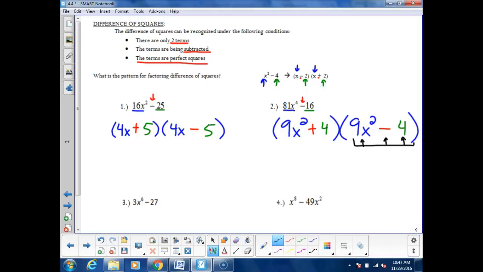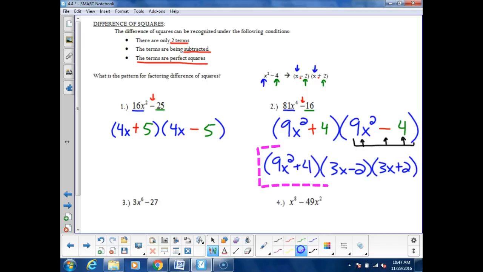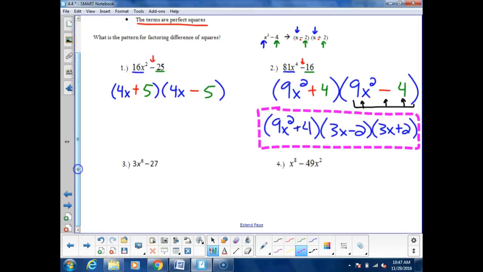So this becomes the 9x squared plus 4 comes along for the ride. 3x minus 2 and 3x plus 2. So then this is the complete factorization of that one.